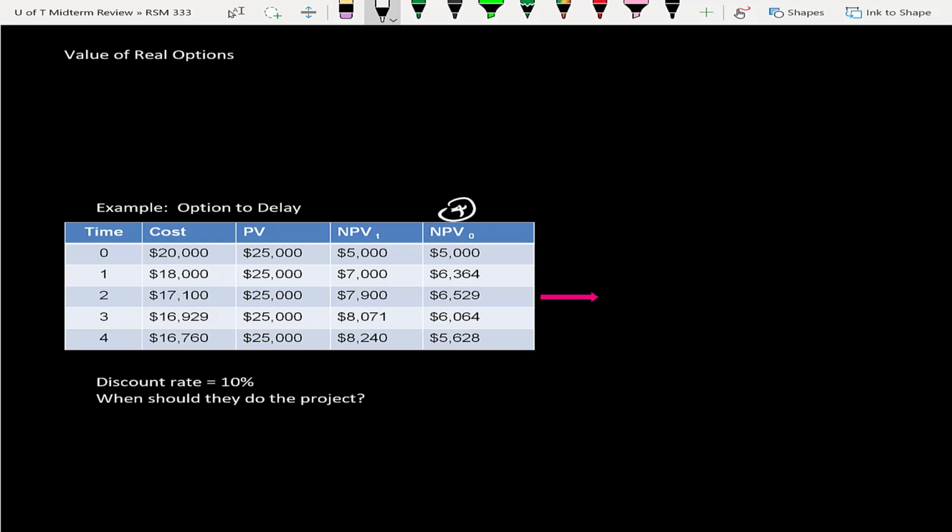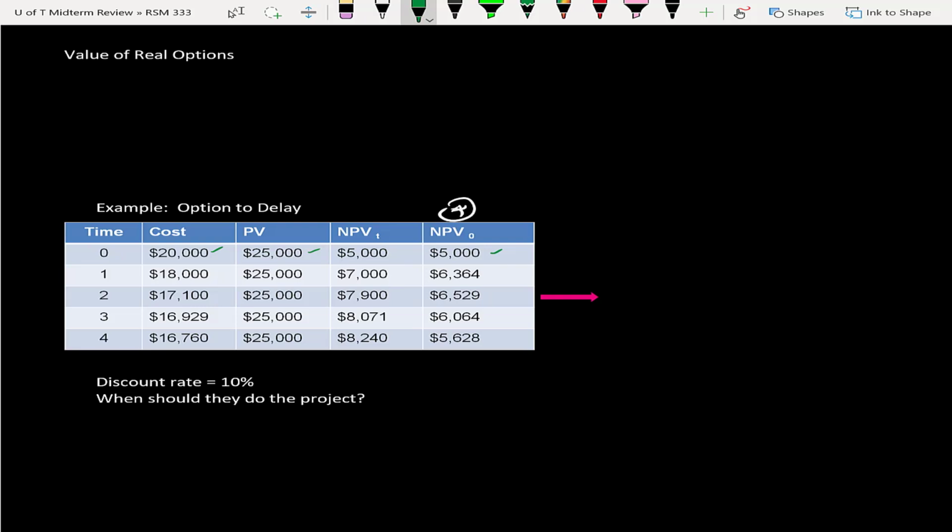If you did it at time 0, the cost of the machine is $20,000. The present value of all the future cash flows is 25. So then the net present value at time t, which is time 0, would be 5,000. The cash inflow minus the 20,000. And if we convert it to time 0, it stays at 5,000. So you would go ahead and do the project today.